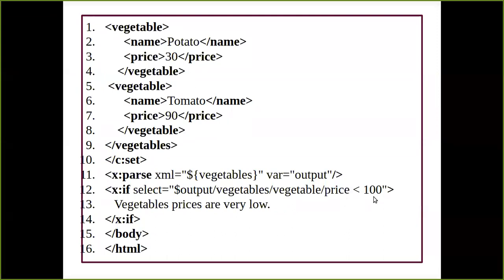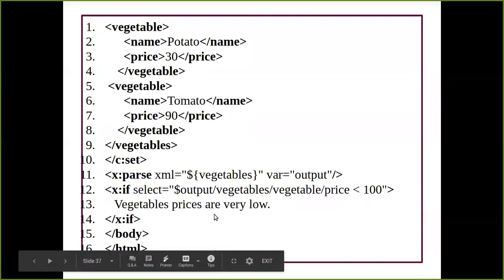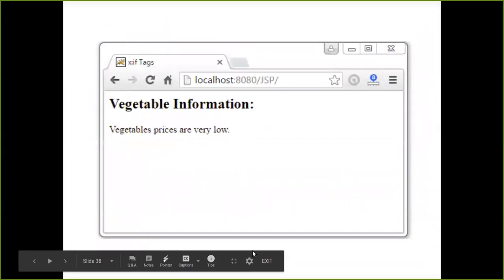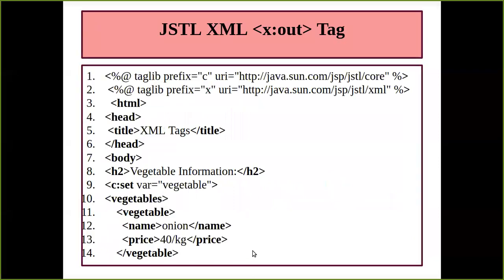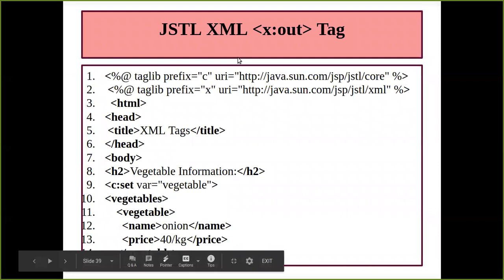If the prices are less than 100, we can conclude that vegetable prices are very low, and this can be your output. If the condition is vice versa, then we can write another statement to be printed. So students, now I'll just stop sharing this.